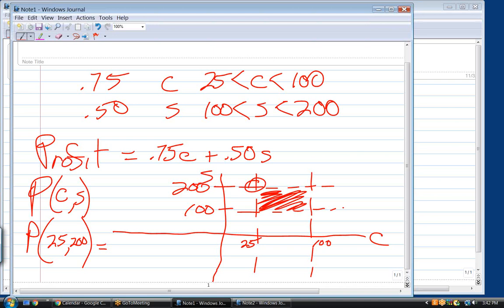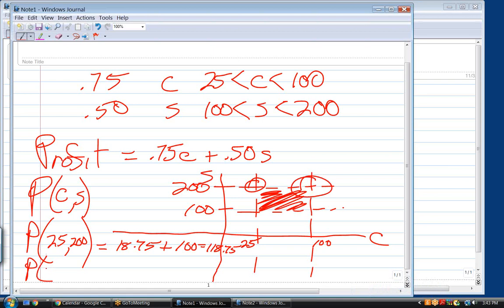Usually don't need one, but that's 18.75. So this one would be 18.75 plus 100, or 118.75. Okay, now let's check this vertex over there.